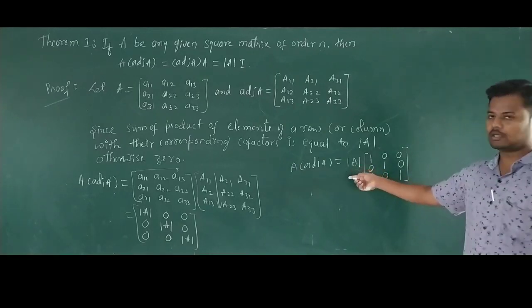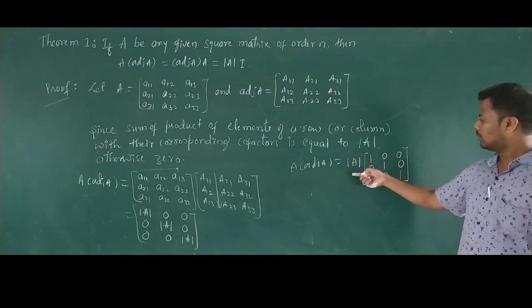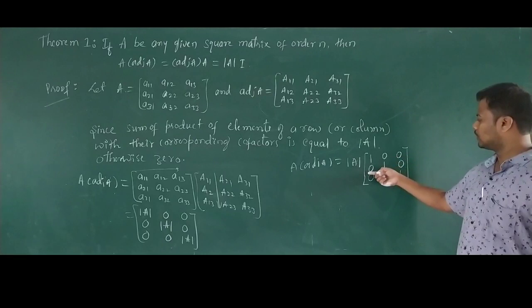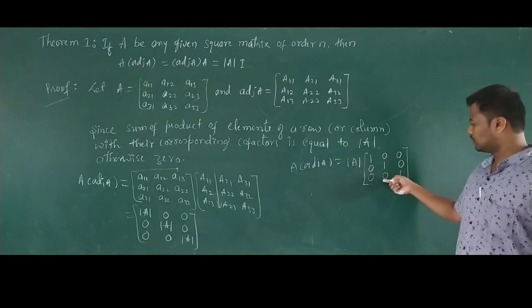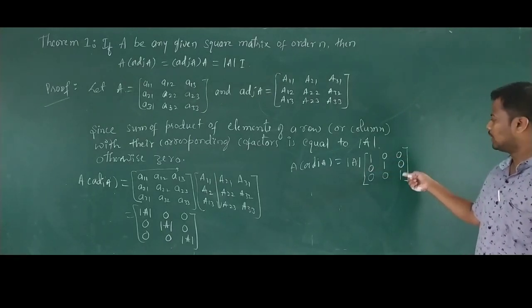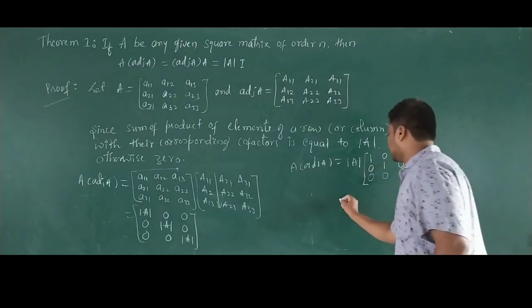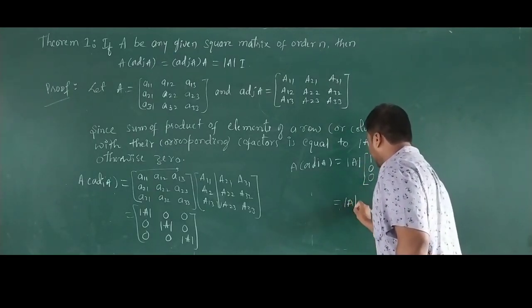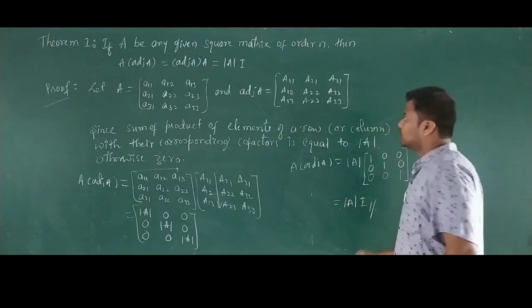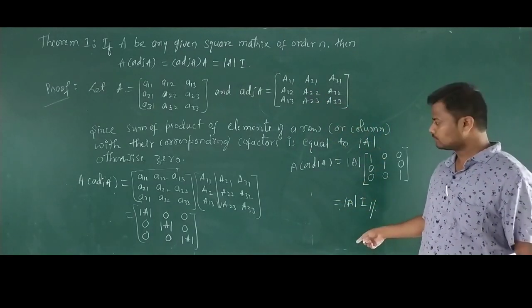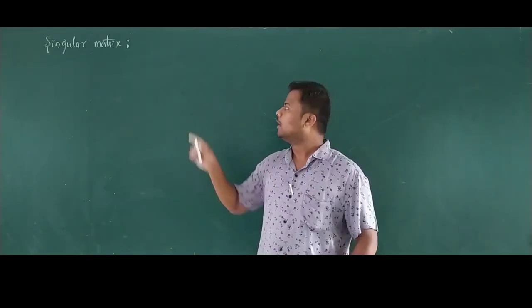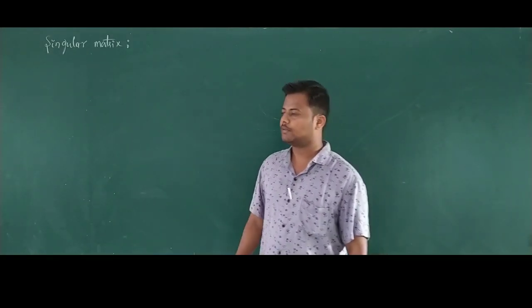If you multiply the determinant of A inside, you get determinant of A, 0, 0, 0, determinant of A, 0, 0, 0, determinant of A. So this is nothing but the identity matrix, so this equals determinant of A into I. So this is the proof.